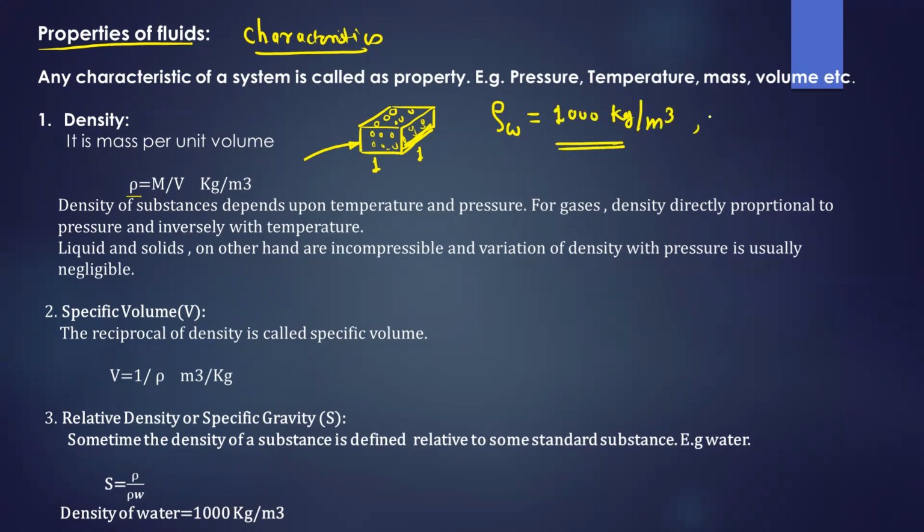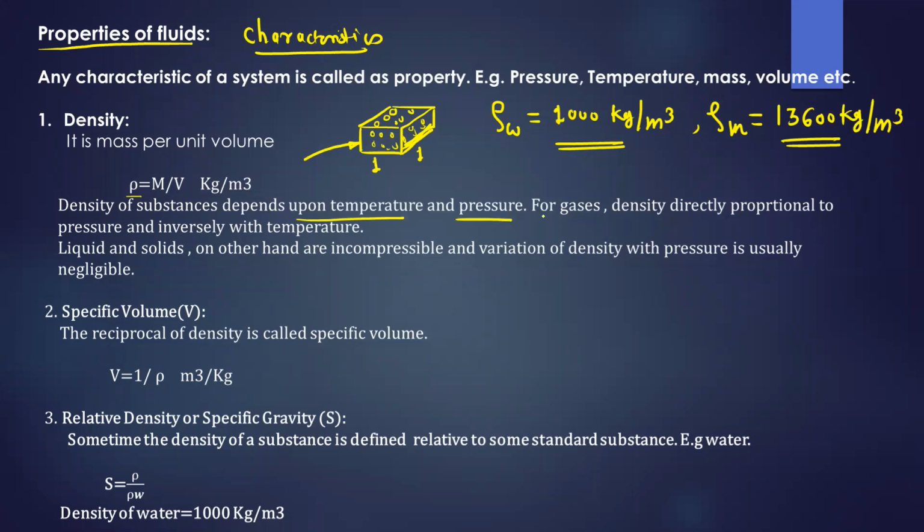If you take the mercury, its density is 13,600 kg per meter cube. The density of a substance depends upon the temperature and the pressure.